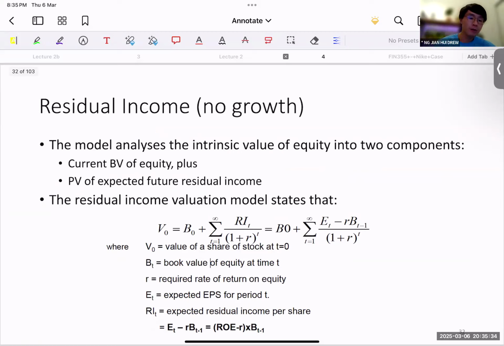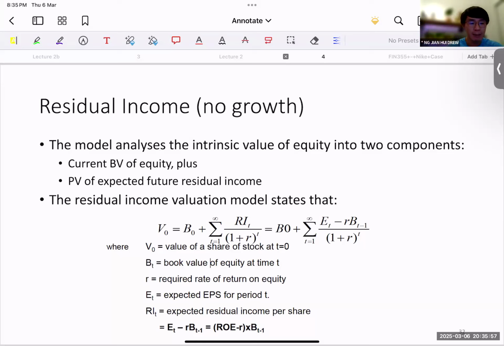Okay, the residual income model, in a sense, is actually not really a cash flow model. But remember in lecture two, we proved that it can be derived from your DDM, which is a cash flow related model. So there are some similarities, but at the same time they are different as well.